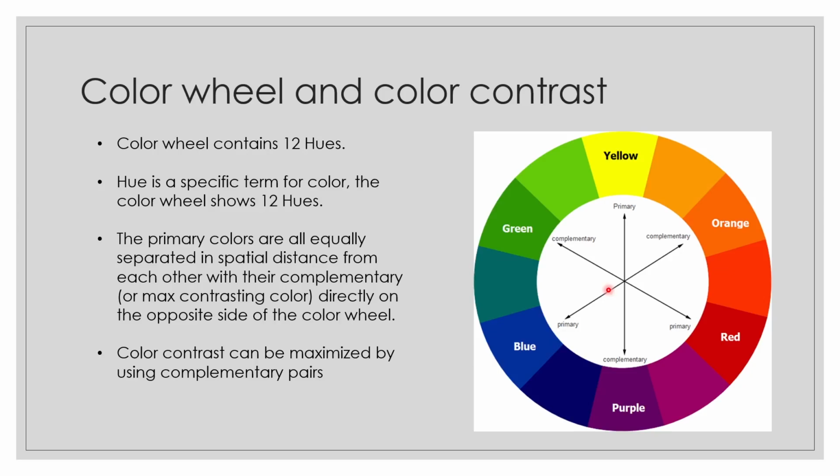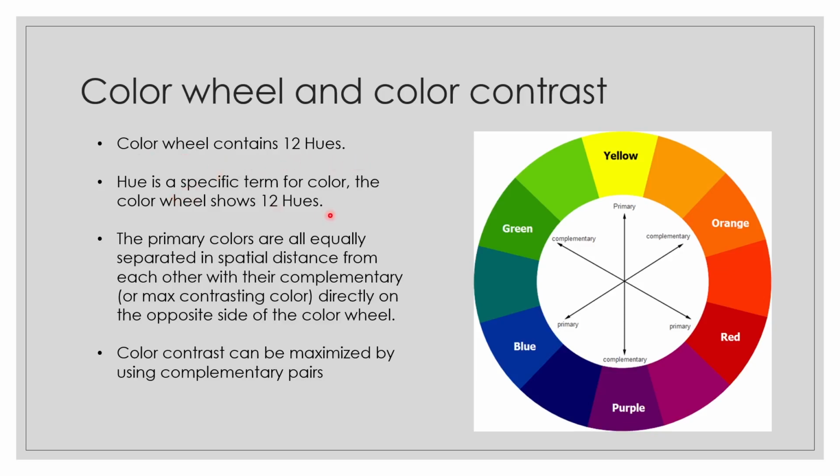So let's continue to talk about the color wheel and color contrast for a second. So this is the color wheel. It's on a circle, basically like this annular ring. And you have yellow to start with, and then you go around orange, red, purple, blue, and green. Now, there's 12 different shades of these colors on this color wheel, and what we say is it's 12 hues.